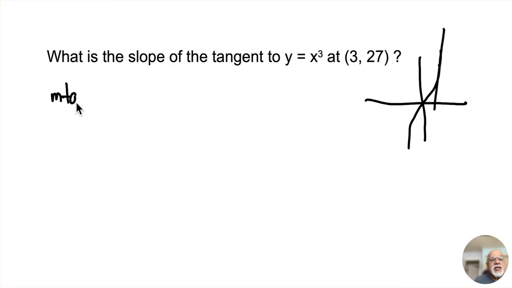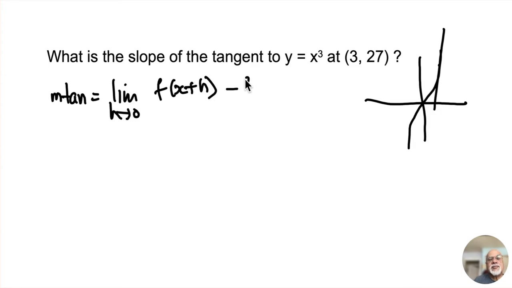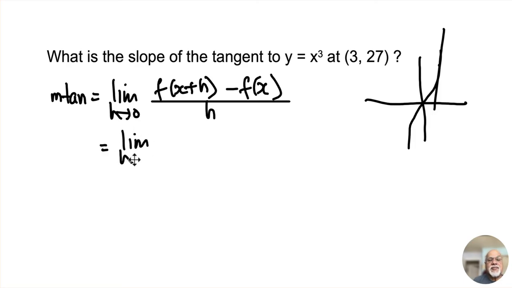So the slope of the tangent is equal to the limit as h goes to 0 of f of x plus h minus f of x all over h. When you've done this a few times, you're going to notice a certain pattern to what's happening, as you'll see in a moment.